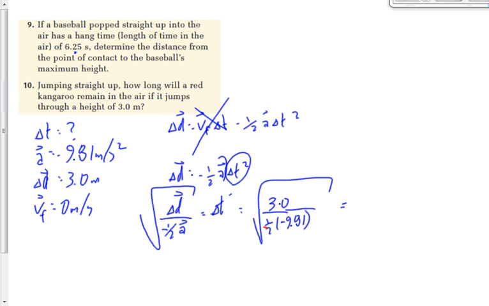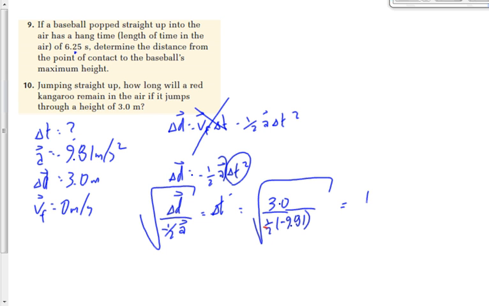So what does that work out to be? 3 divided by 4.9, 0.6. Square root of 0.6 is, I don't know, about 0.7, 0.8. If nobody's going to tell me, I'm just going to write down a random number there.